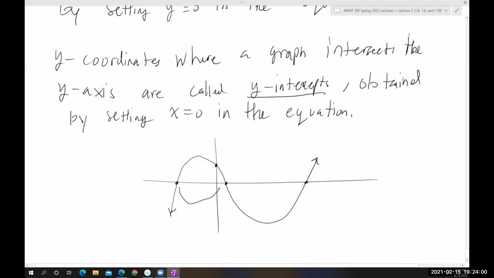So we have x-intercepts. That's one right there, that's one right there, and that's one right here. And then we have a single y-intercept. And that's that right there.